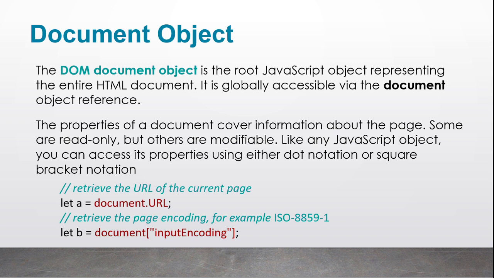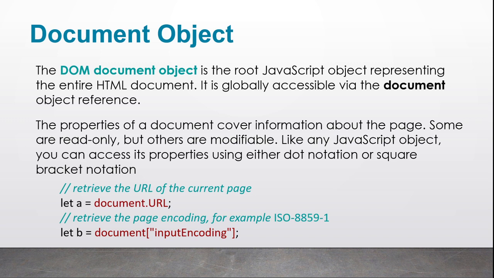The document object model document object is the root JavaScript object representing the entire HTML document. You use the document object for reference. Okay, so what does that mean in non-academic language? So when you are referencing the whole of the page, you are referencing the DOM document.